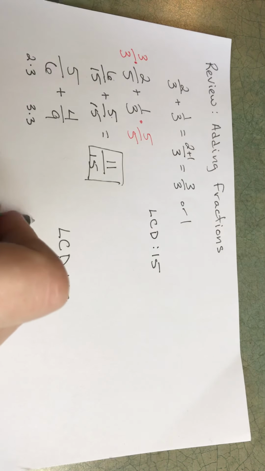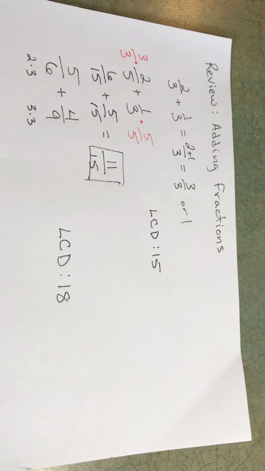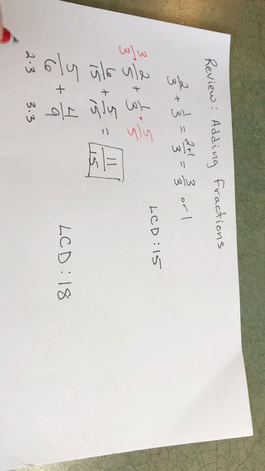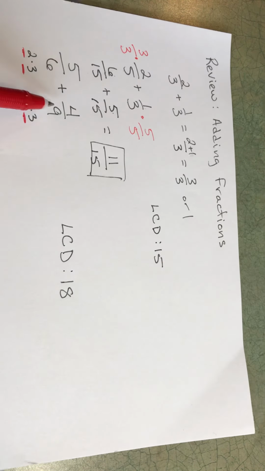I don't feel like that was very clear, so let me show you. My least common denominator is going to have a 2 and a 3. That would make 6. I already have a 3 for this one, but I need another 3 for 9.